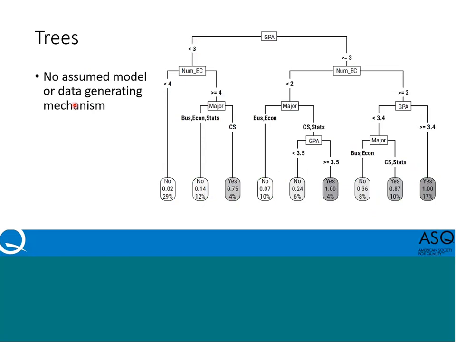And that's one of the big differences between statistics, where we assume a model, and some other methods where we don't. We let this tree-based structure partition the data in meaningful ways. This can get more complicated.